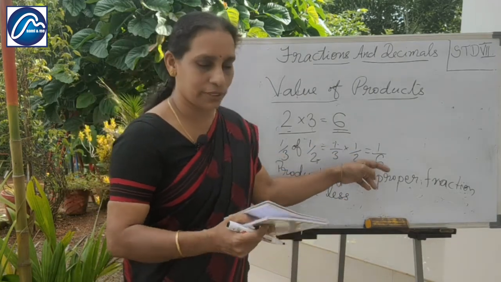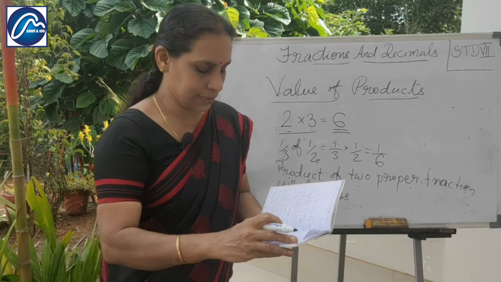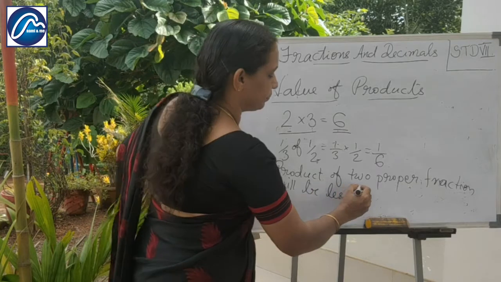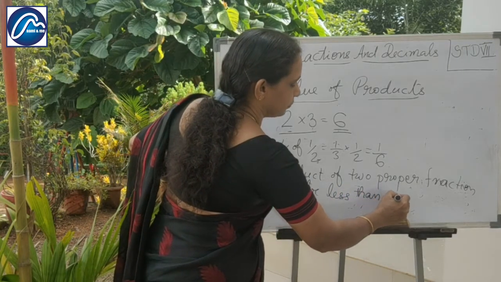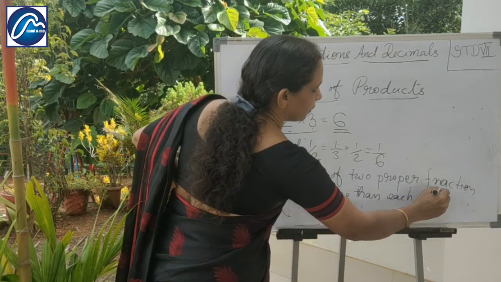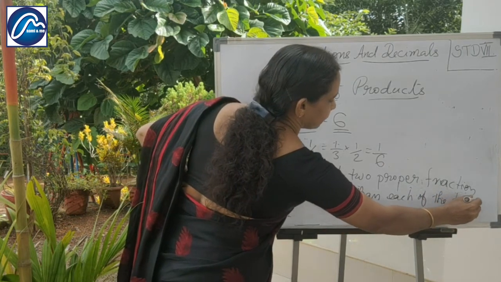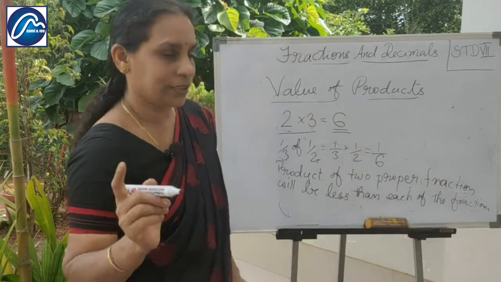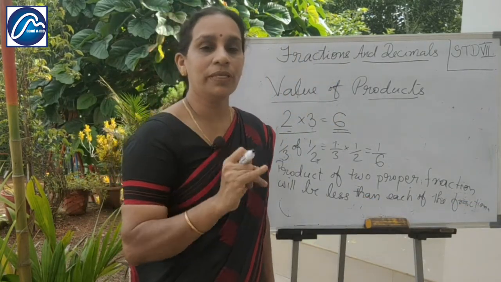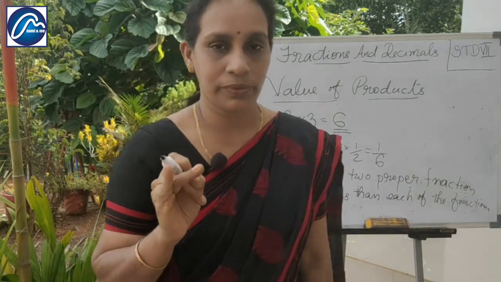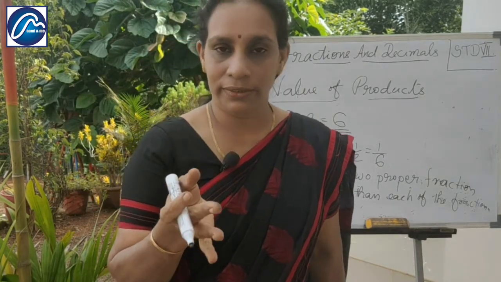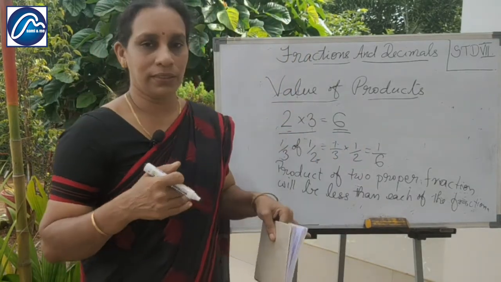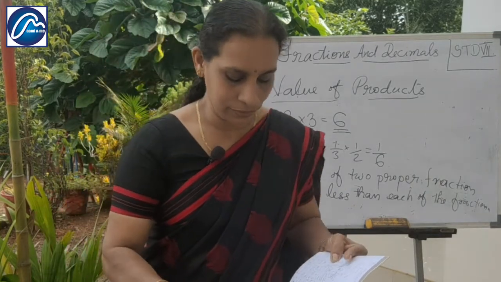The product, that means 1 by 6, will be less than each of the fractions. Clear? When you are multiplying two proper fractions, you will get an answer that will be less than the multipliers. That is, it will be less than whatever you multiplied.